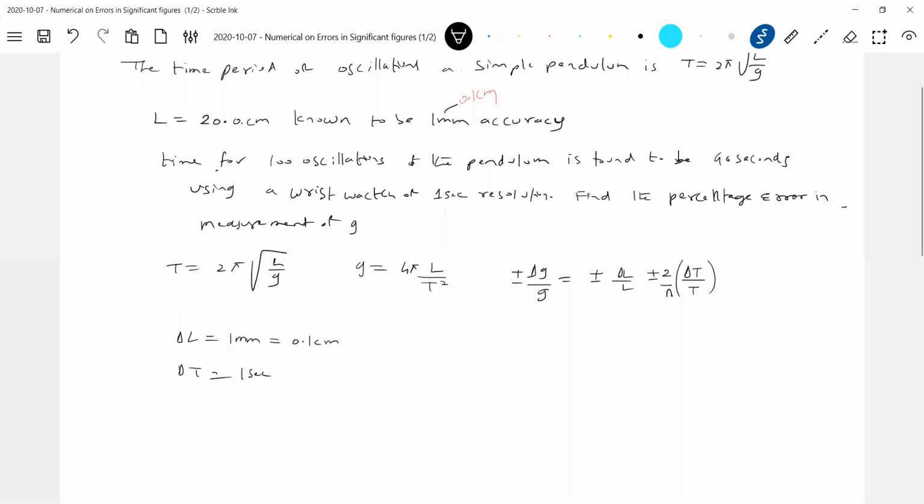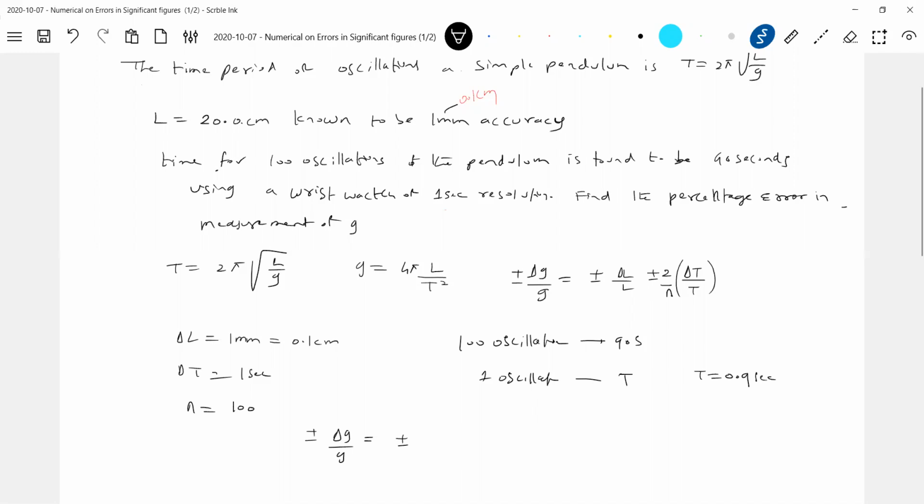But we don't know the time period here. For 100 oscillations it is 90 seconds, so for one oscillation, that is T. So shall we put T is equal to 0.9? And what is n? n stands for the number of oscillations, that is 100. Let's substitute all this.